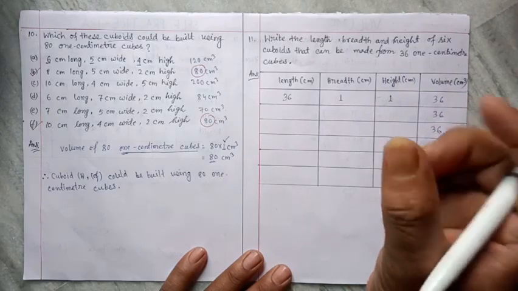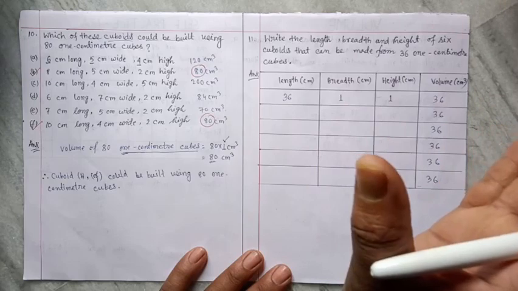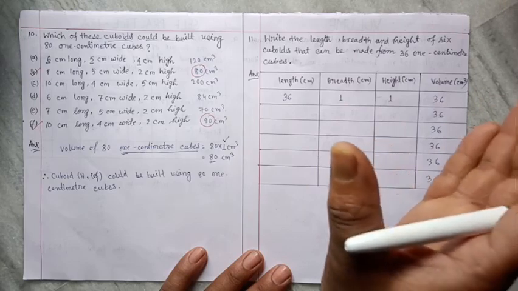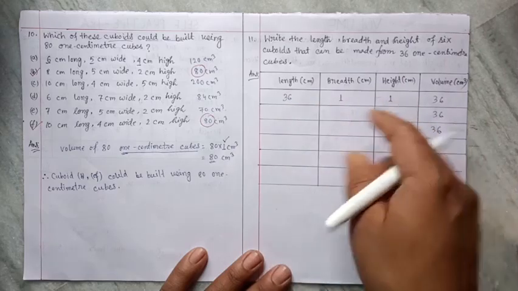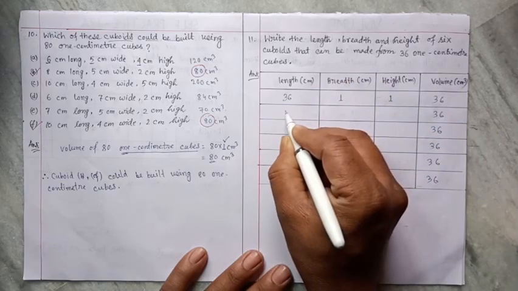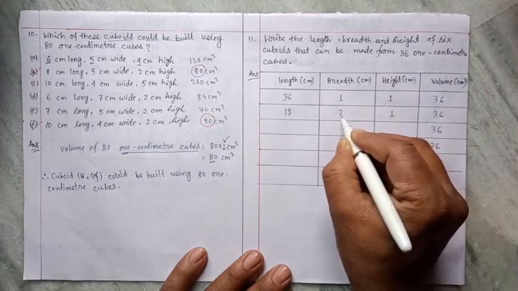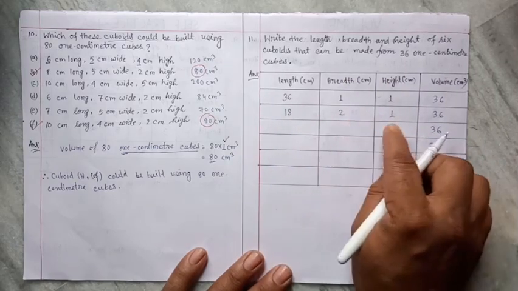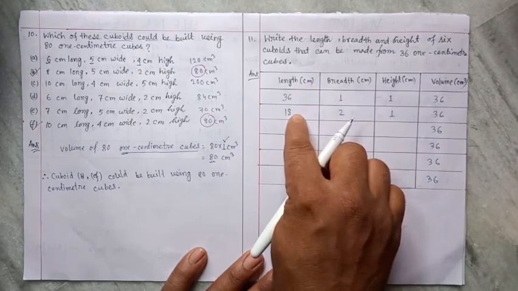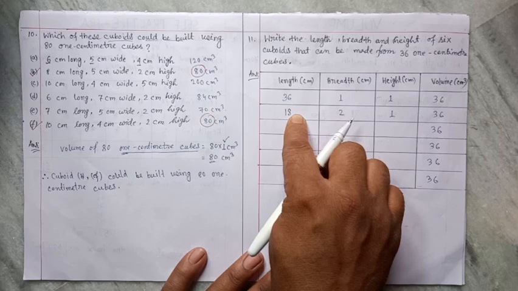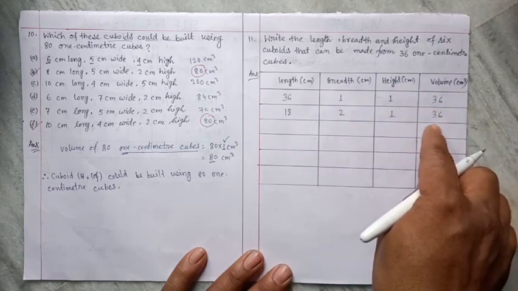So you have to use 36 cubes to make a cuboid. You can think in this way: you can take 18, 2 and 1. Just see, 36 into 1, 36. That means a cuboid whose length is 18 cm, breadth 2 cm, height 1 cm, volume 36.